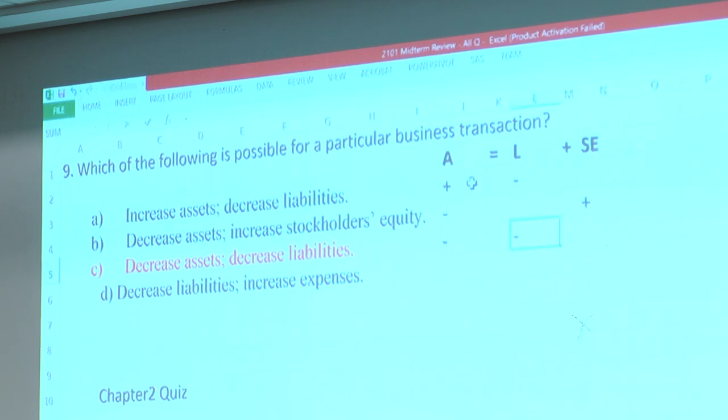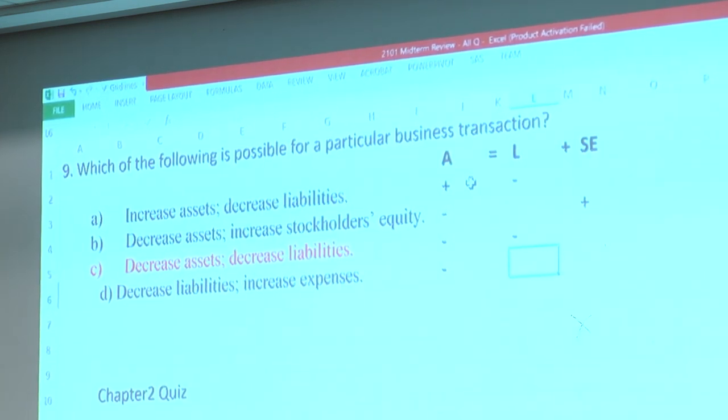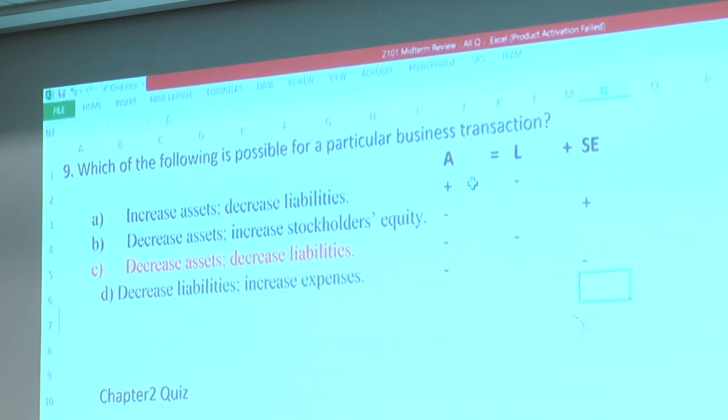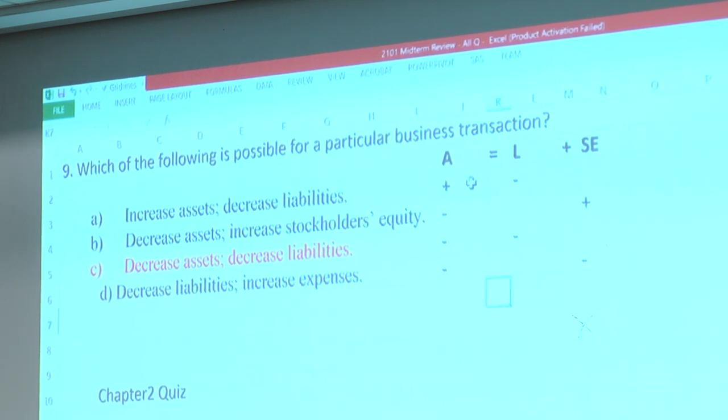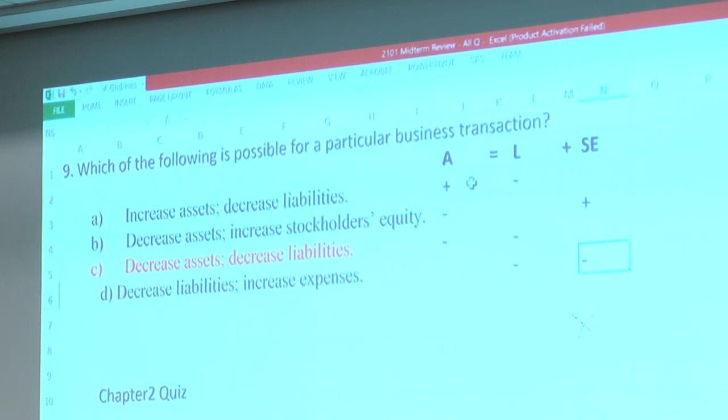And D, one is decreased, and when I increase my expense, what would happen? Very good, because there is a negative sign here. This is an increase, and then I flip it, and eventually it will affect stockholders' equity. Oh, sorry, this is a decrease in liability. So only the right-hand side changes, the left-hand side doesn't change. So again, doing these questions, think about the equation. Does the equation hold or not? This is the rule of doing it.